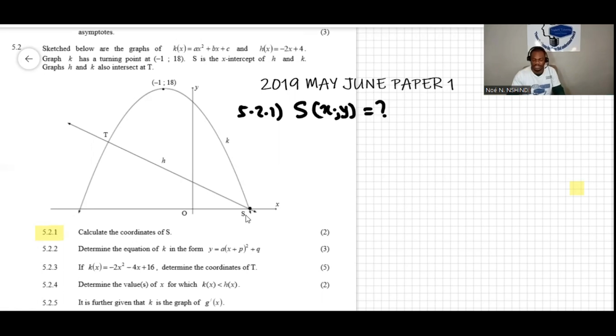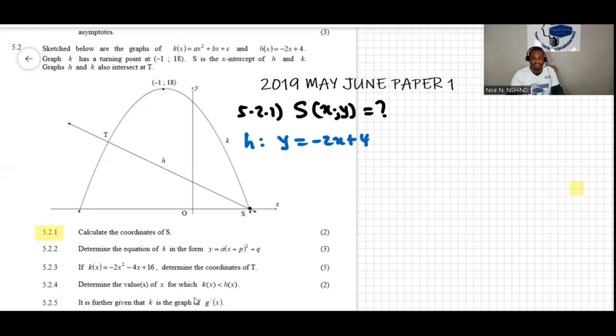So I prefer to use the equation of H because over here the equation is expressed. All the terms are given, but for K we still have variables like a. Even the constants a, b, c are not defined. So we're going to work out H. The function H is given by y equal to -2x plus 4.